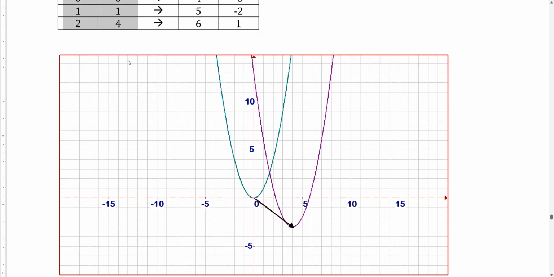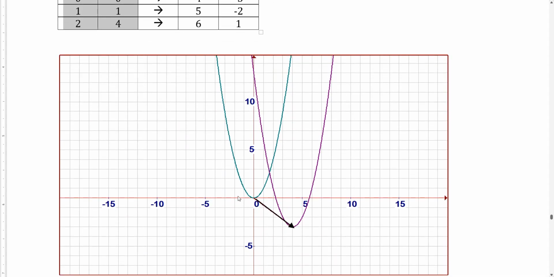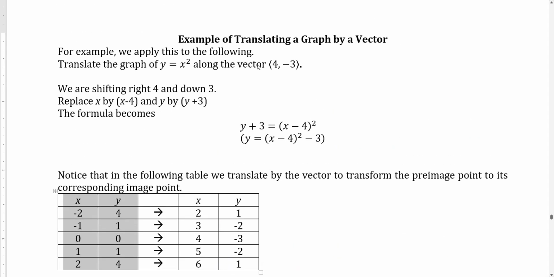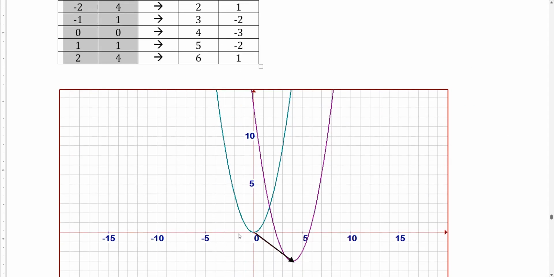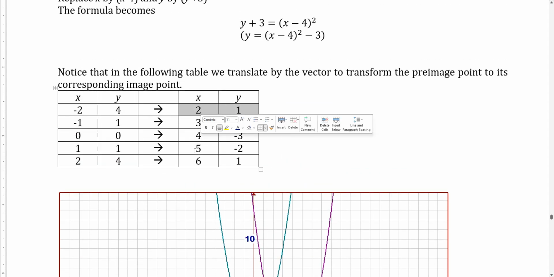So the one that corresponds, let's check it out, negative 2, 4 was right here. And from there, we go right 4, down 3. So we go 1, 2, 3, 4, and down 1, 2, 3. We end up at this point right here. What is that? 2, 1. Yeah, that's what we came up with, right?